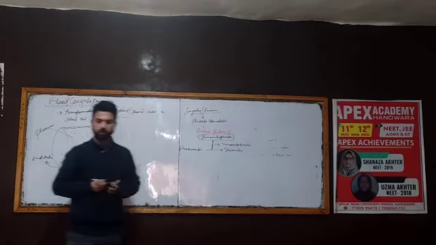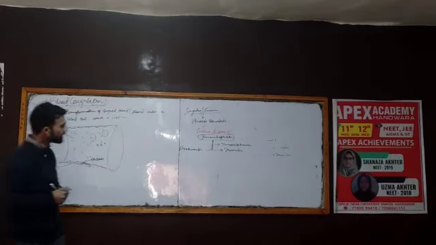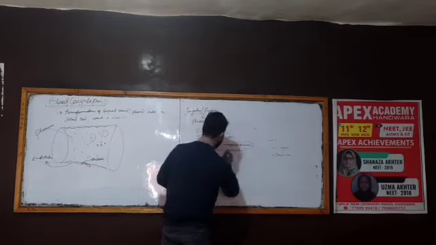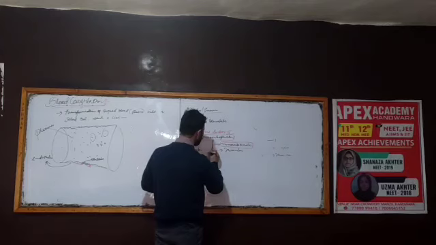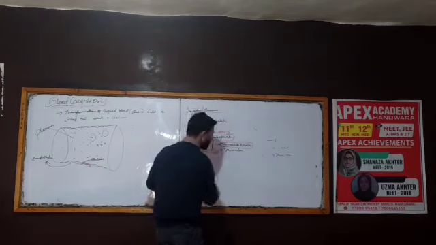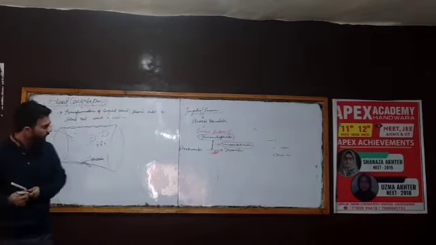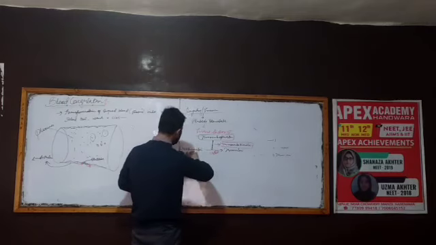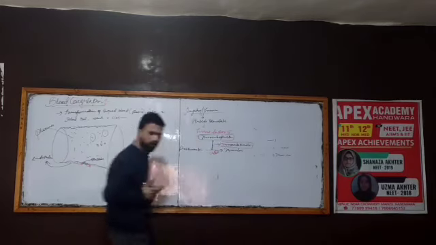Thrombokinase, right? You will also find this thrombokinase catalyzes the reaction in the presence of Ca2+, calcium divalent, right? Yes, sir. This is a metallic ion. In presence of this metallic ion, it converts prothrombin into thrombin.